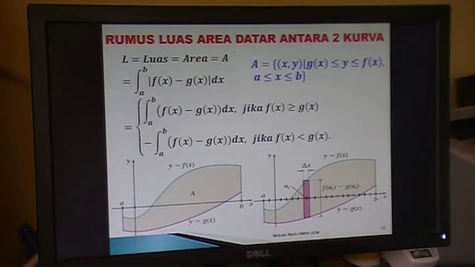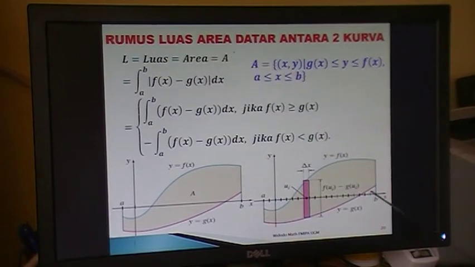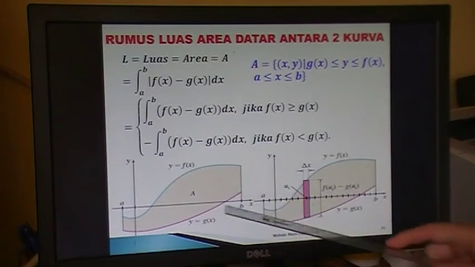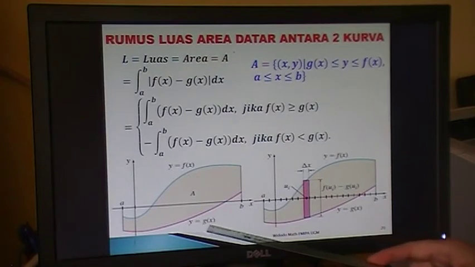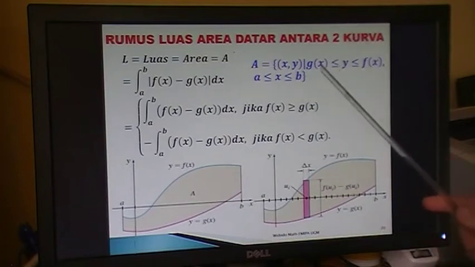What about the formula between two curves? If we have two curves, the upper curve is y equal to f(x), the lower curve is y equal to g(x), and the area A lies between the two curves.